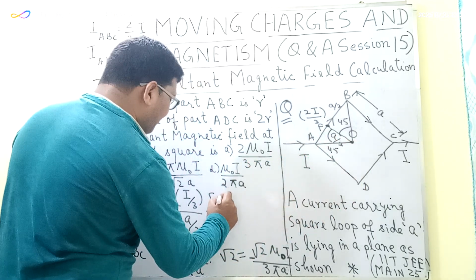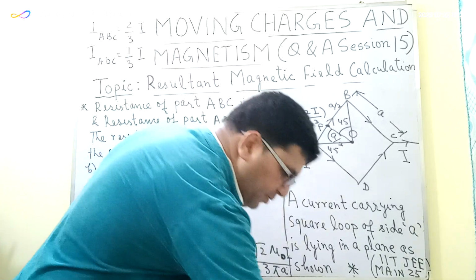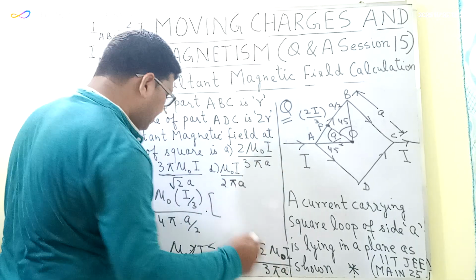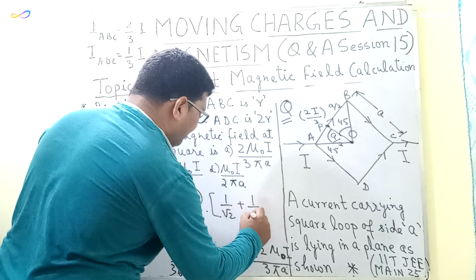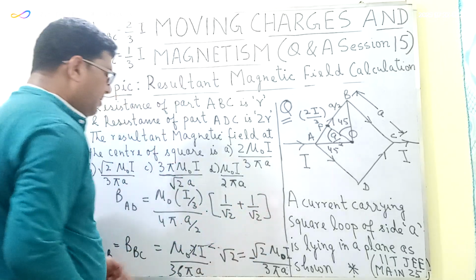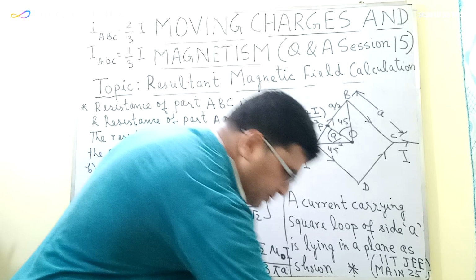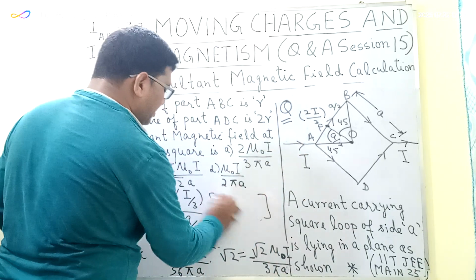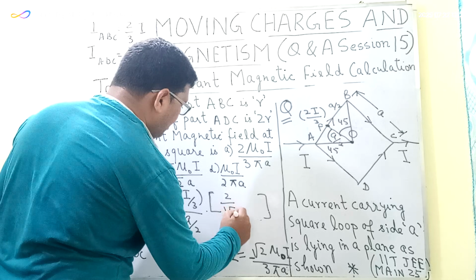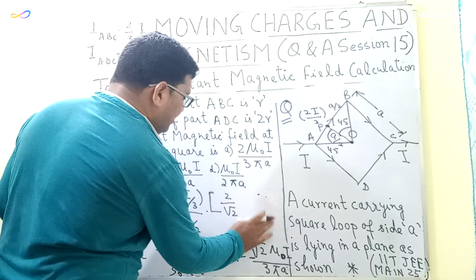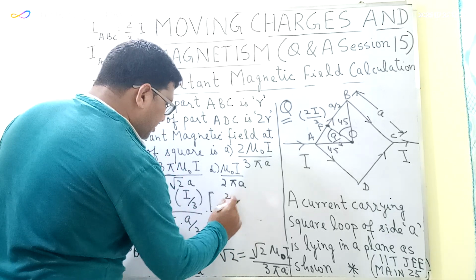So sine phi 1 is equal to 1 by root 2, and again sine phi 2 will be equal to 1 by root 2. So this is equal to 2 root 2, or simply this can be further written as root 2.